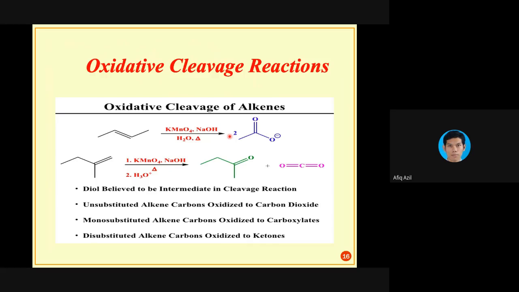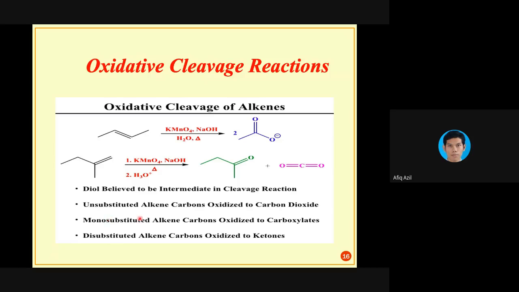of the same structures. If it is symmetrical, you are going to obtain two carboxylic ions, for example. So here we said that unsubstituted alkene, which is this one, unsubstituted meaning you have CH2 on this side, you have R group, okay, unsubstituted alkene, carbon oxidized to carbon dioxide, so it will become carbon dioxide.